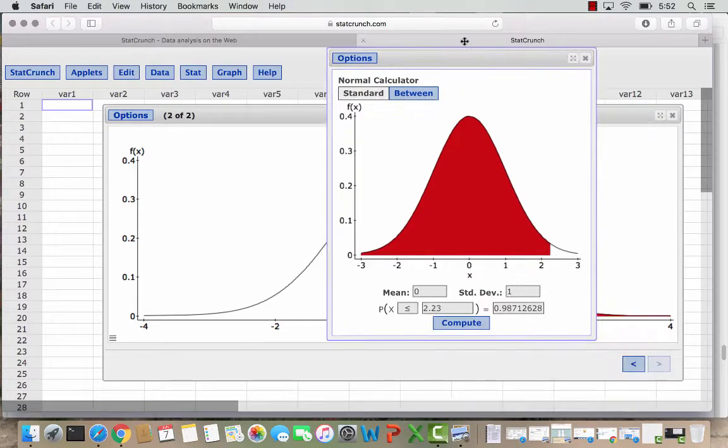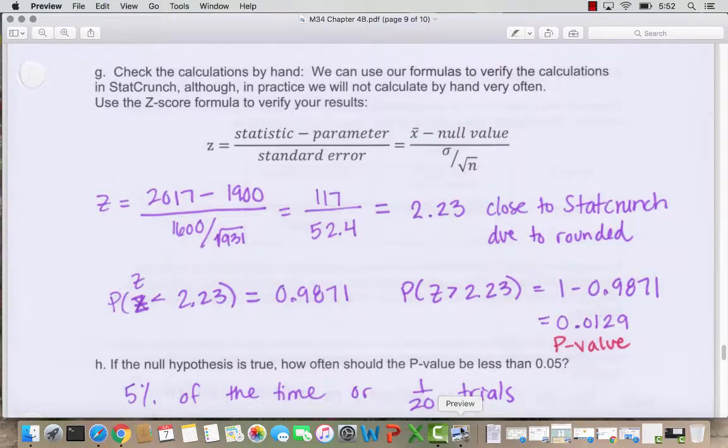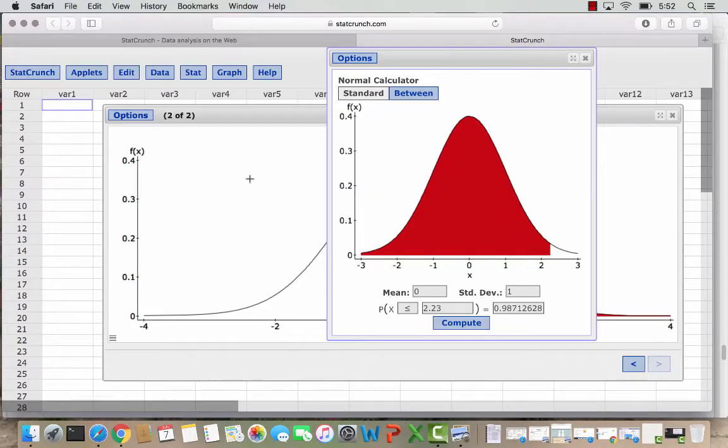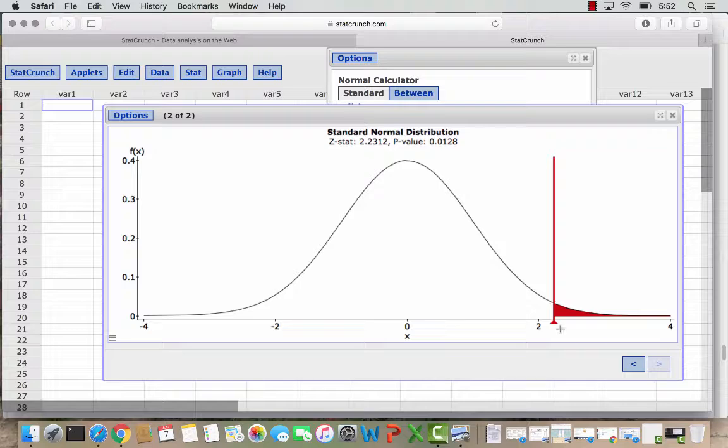And this is where that 0.987 is coming from, give or take rounding. And the probability that our z-score is greater than that 2.23 standard deviations, well, we say 1 minus 0.9871. And so that's 0.0129, which is an exact match for our p-value that we got from the normal distribution.